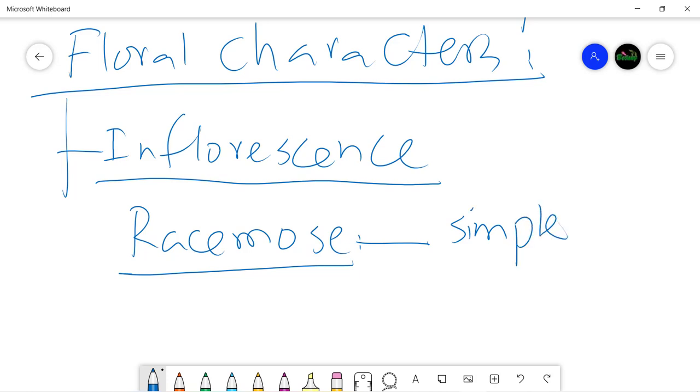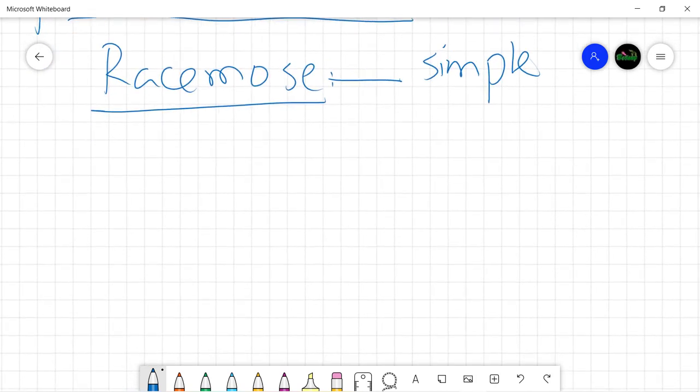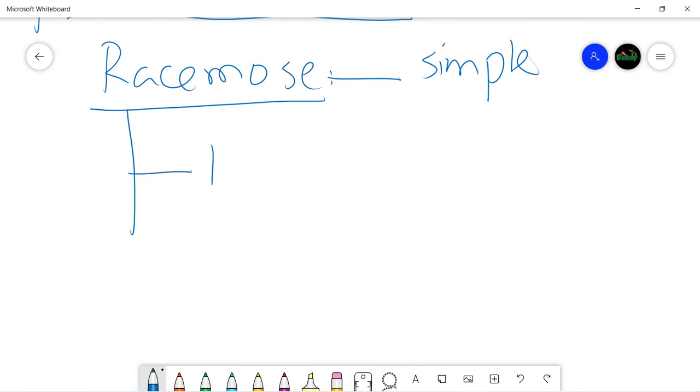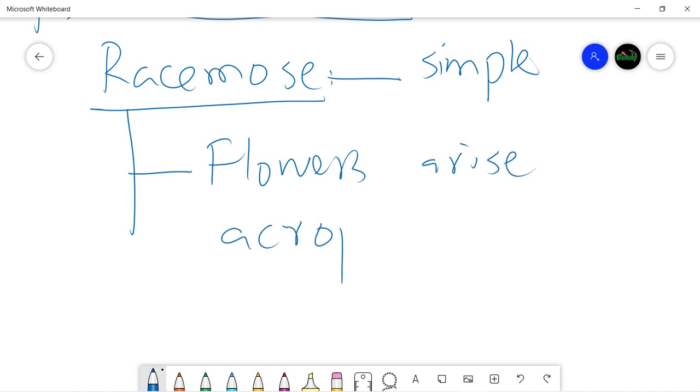Racemose and cymose are two basic or broad categories of inflorescence. So racemose is a simple inflorescence in which the flowers arise acropetally or in acropetal succession.